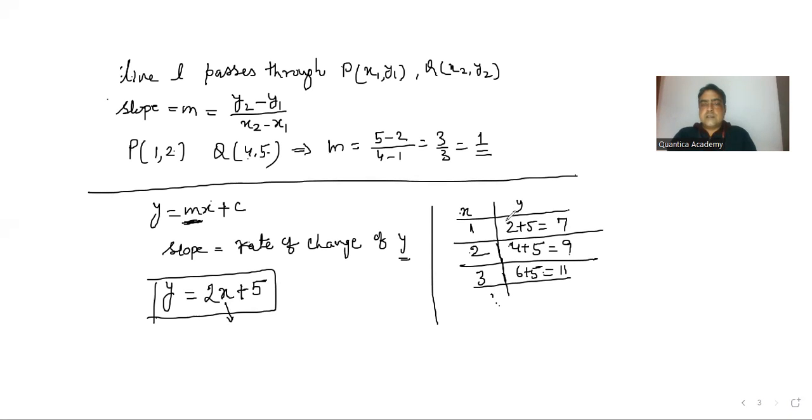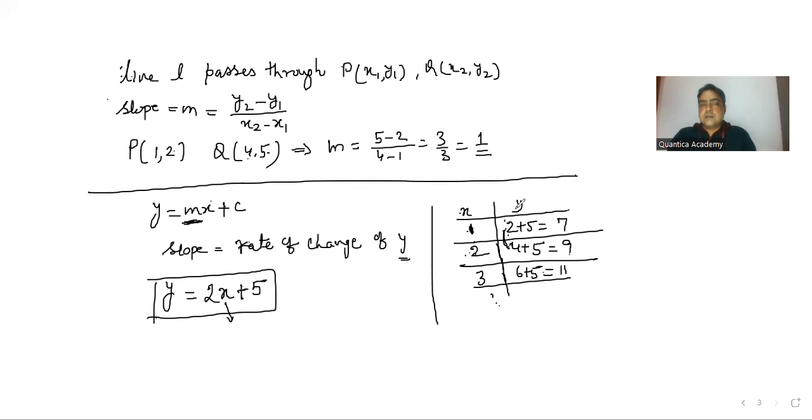So you can see that when x changes from 1 to 2, y changes from 7 to 9, a change of 2.